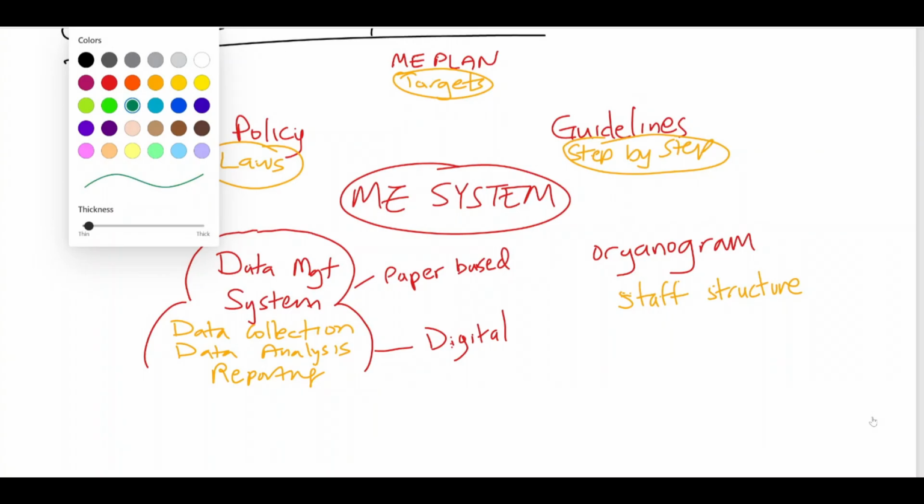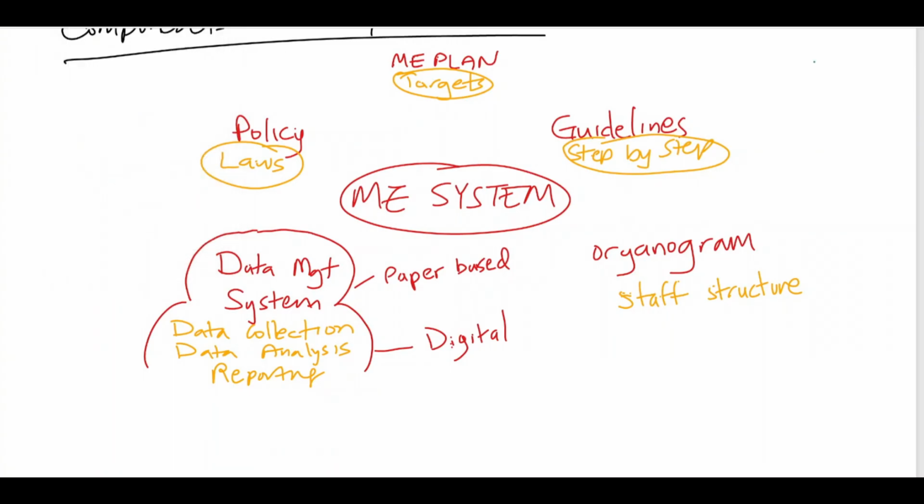You can start by developing the guidelines. You can do the M&E plan as well, the policy as well. These are the easiest ones to do. But the ones which become problematic are the data management system and the organogram.